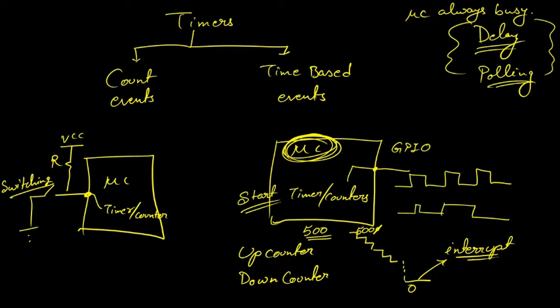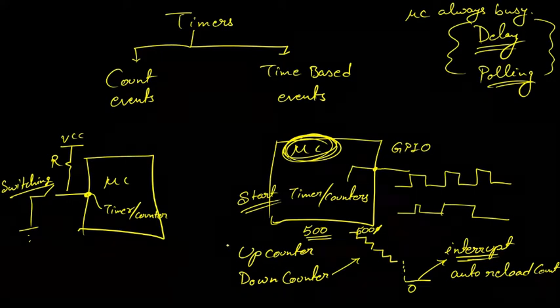It can either generate an interrupt or auto reload the count, and then the counter will keep on repeating the event. So after reaching the terminal count, it can generate an interrupt or auto reload. This is down counting, this is the down counter.